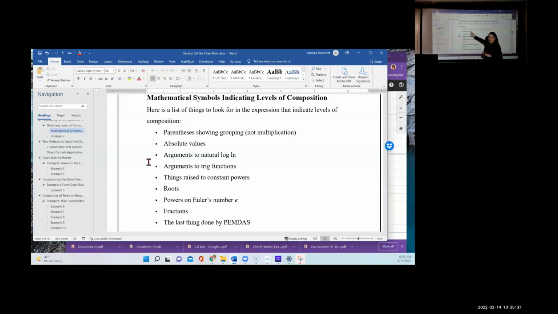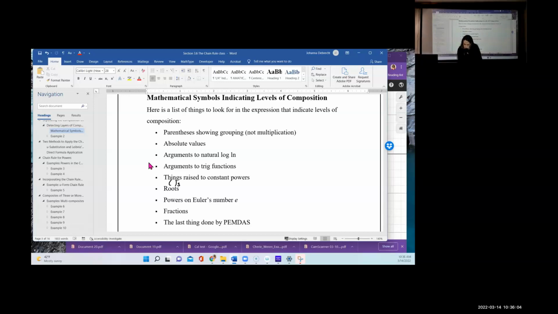Absolute values are another good way of finding inner functions. The argument to a natural log or to a trig function, that's another way to find inside functions. Things raised to constant powers, that's another way to find the inner function, and that's usually parentheses.